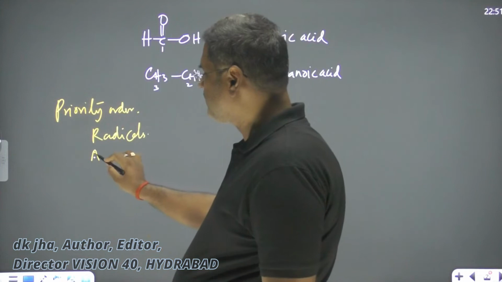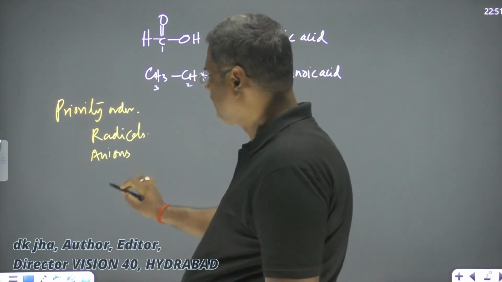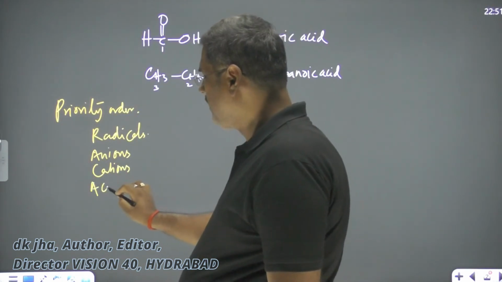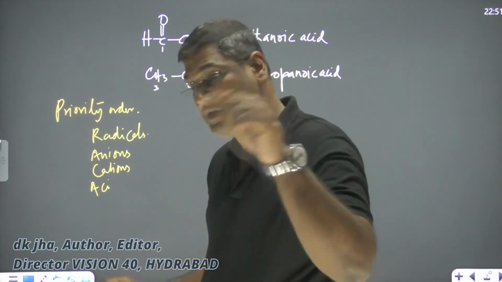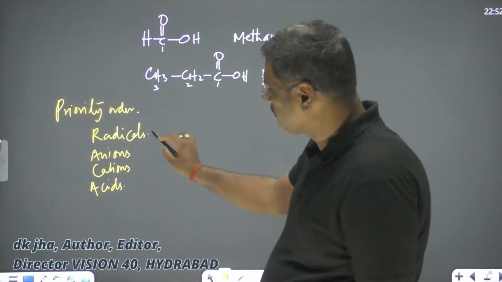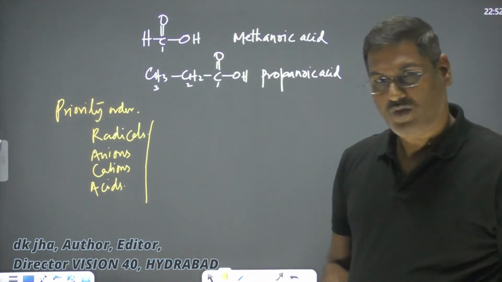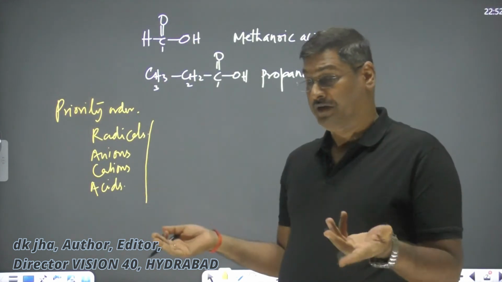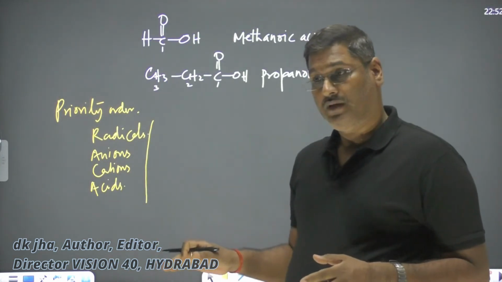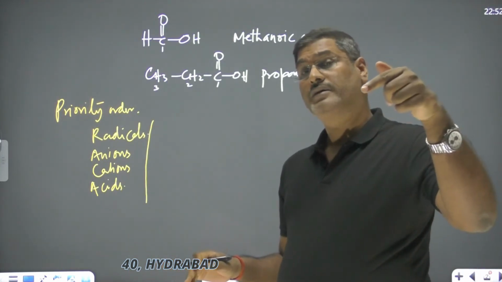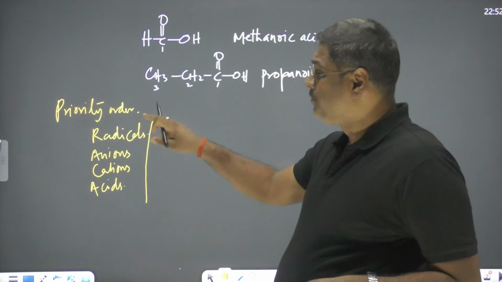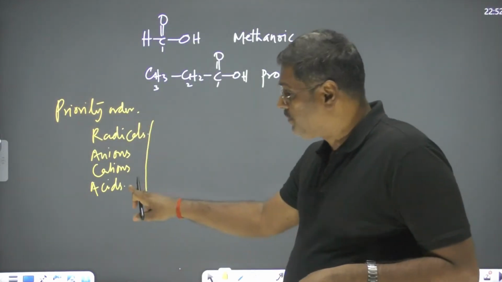Then there are the anionic species, anions, then cations, then zwitterionic species, then acids, carboxylic acids. So the position is like this. If we have radicals, anionic species or cationic species, these are considered of higher priority, and the suffix will be used for these terms, and the prefix will be used for the acid.